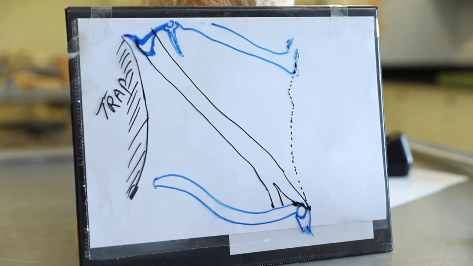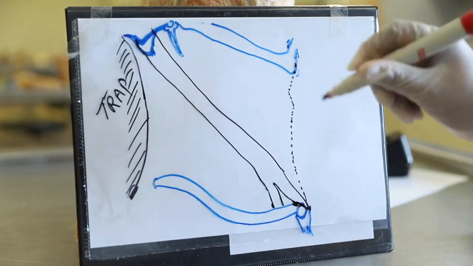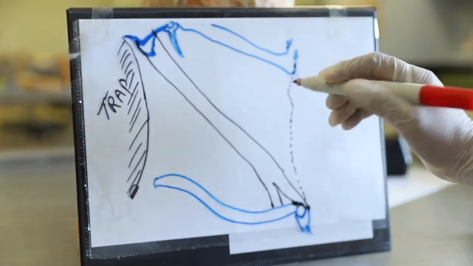Now coming back to our diagram. The anterior triangle is also subdivided into 4 small triangles, as follows.